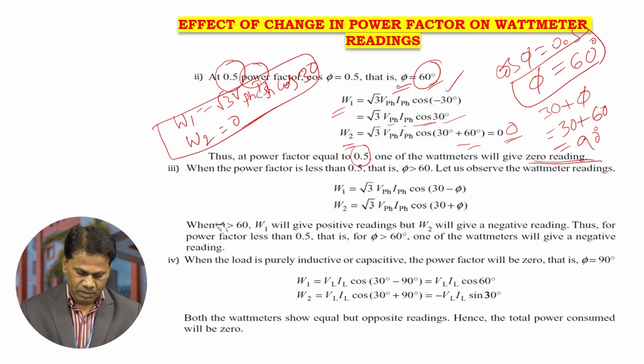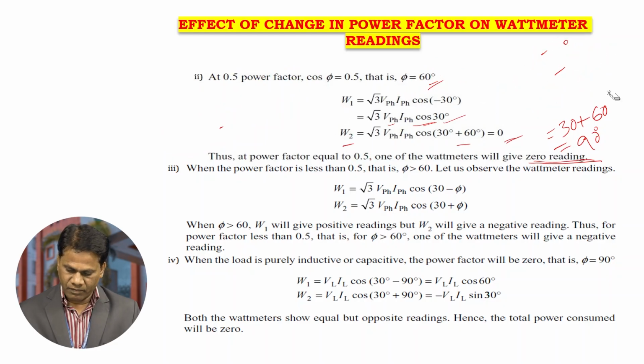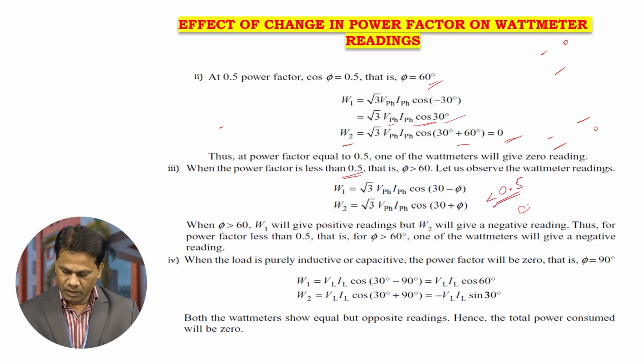Third observation, the power factor which we consider here is less than 0.5. That means the power factor angle phi is greater than 60.